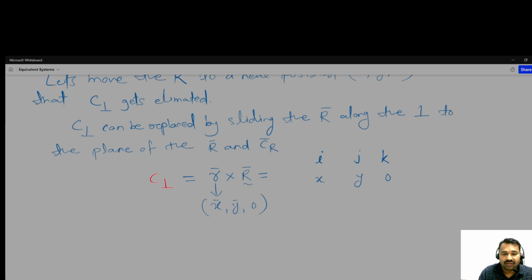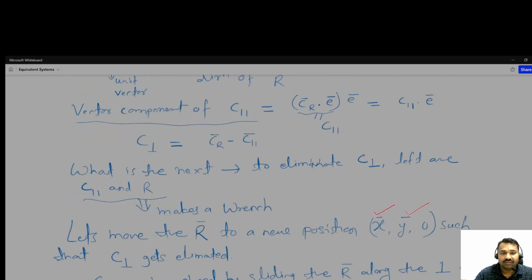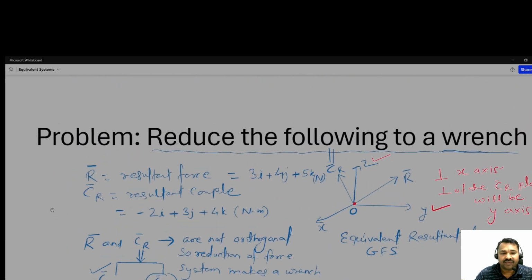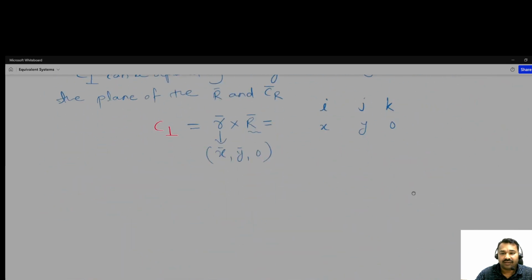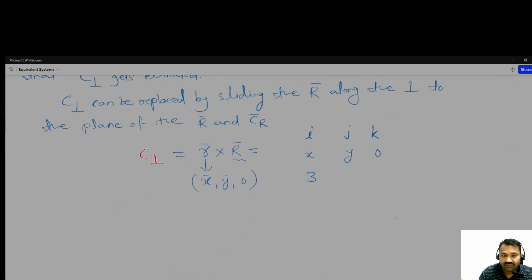And what about the R from the resultant? You can see here, from the resultant it is 3I, 4J and 5K. So 3, 4 and 5. In this way, what we get for C perpendicular, we have to equate with the I coefficient, and from this equation we get the x and y coordinates.